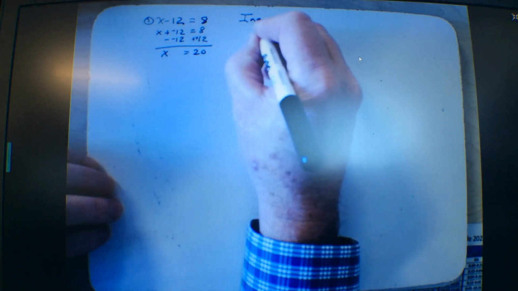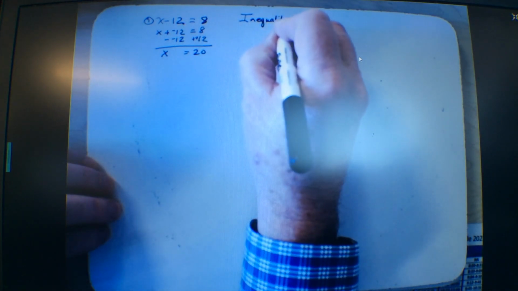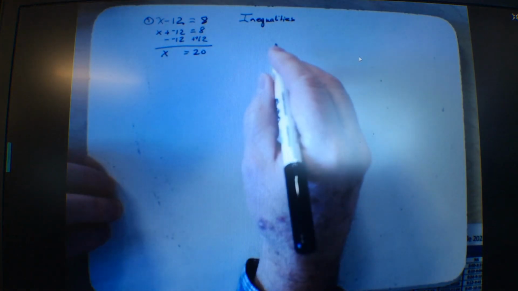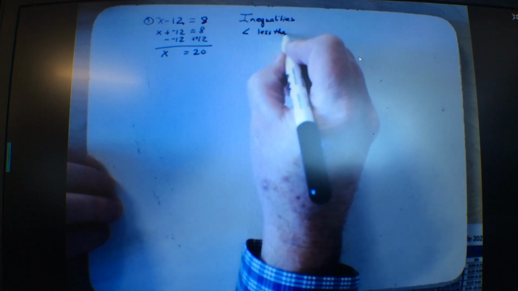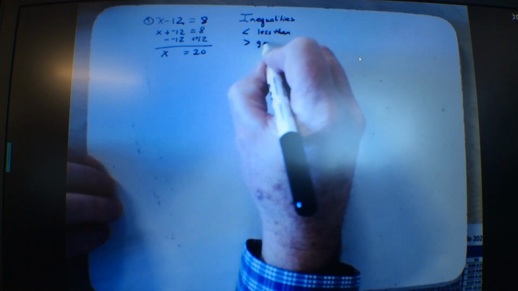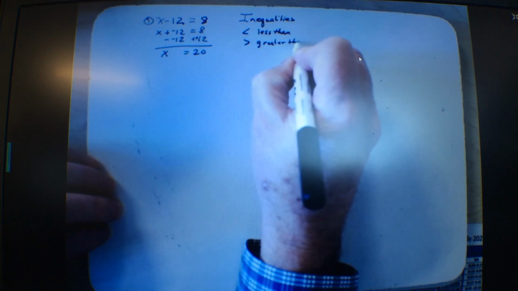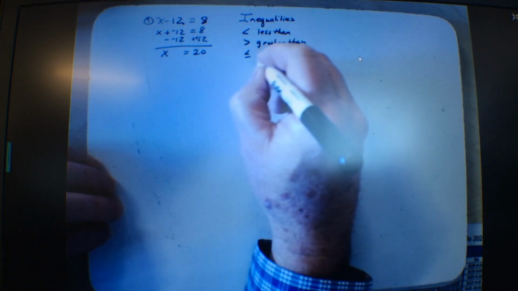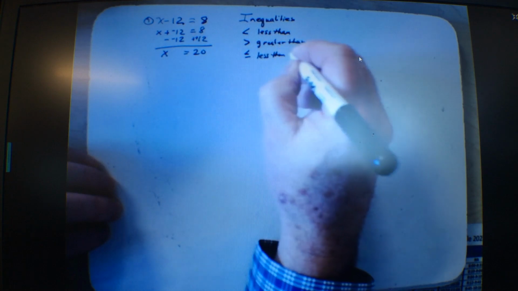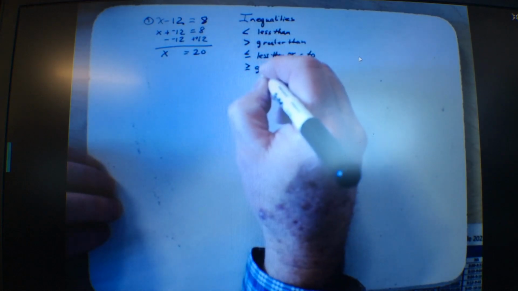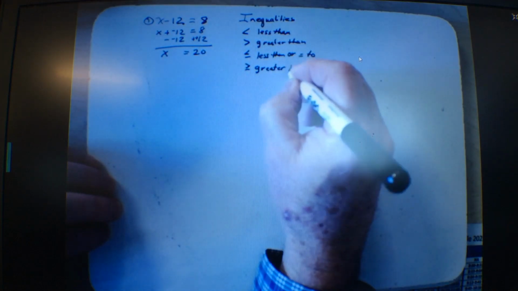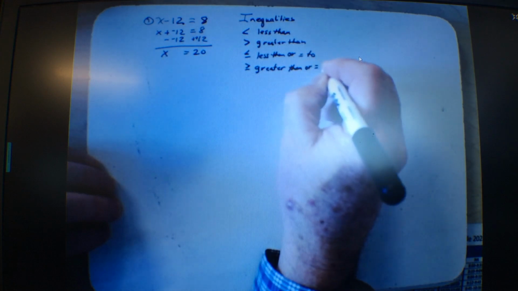All right, well, we're going to go a little bit further today, and we're going to talk about the concept of inequalities, okay? Now, there are several inequalities. There is this one, which is less than. There is this one, which is greater than. This one, which is less than or equal to. And then there's this one, which is greater than or equal to.